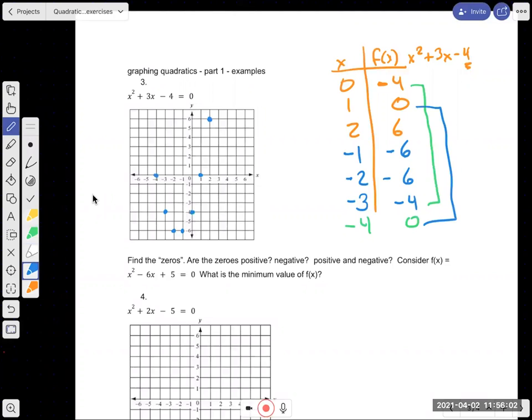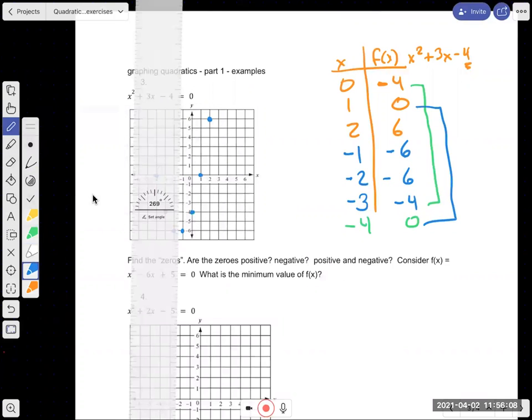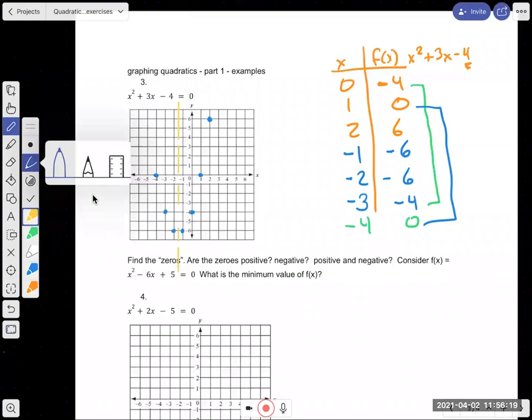And now where is our value going to be the least? And when you look at that, you can see the symmetry around x equals minus 3/2, x equals minus 1.5.